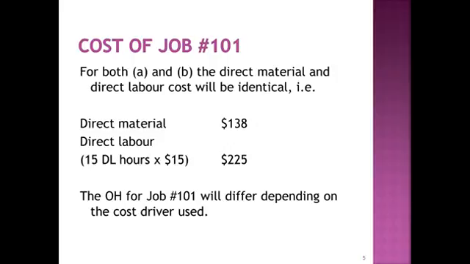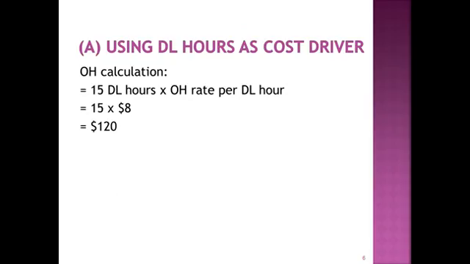For both A and B, the direct material and the direct labour costs will be identical. So $138 worth of direct material, and the direct labour cost will be 15 direct labour hours times $15, so $225. What is different when we're costing this is the overhead allocation, and this will differ depending on the cost driver used.